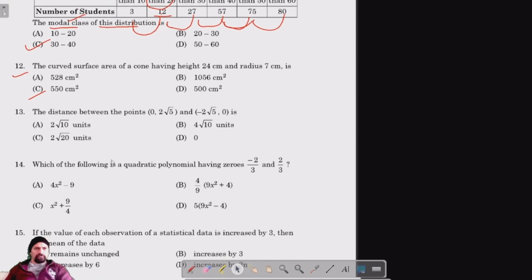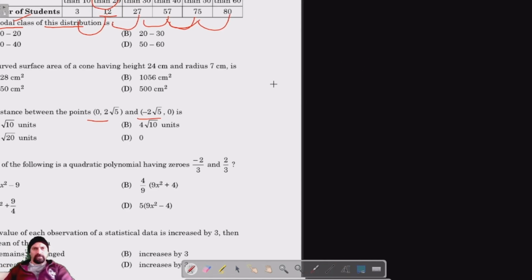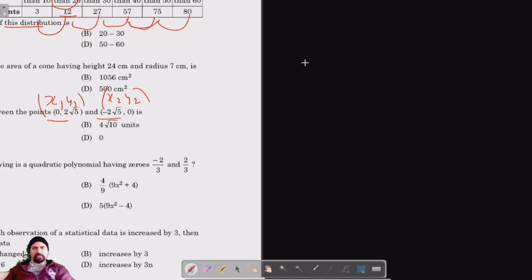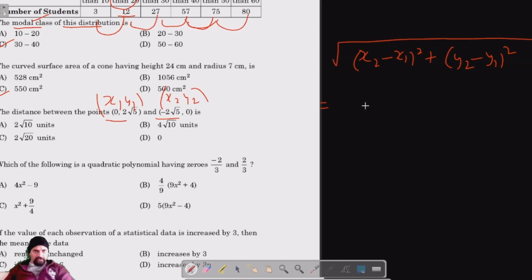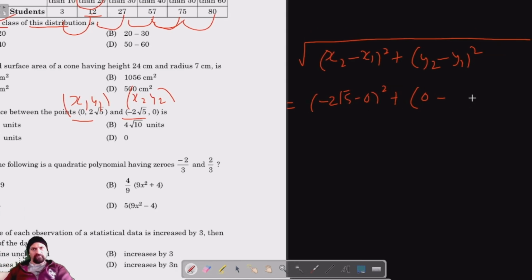Let's move on to find the distance between the points. The distance between 2 points is given by the distance formula. Let's say these coordinates are x1, y1, x2, y2. The distance is given by under root of x2 minus x1 the whole square plus y2 minus y1 the whole square. So x2 is minus 2 root 5 minus 0 the whole square, and y2 is 0 minus y1, which is 2 root 5, the whole square.